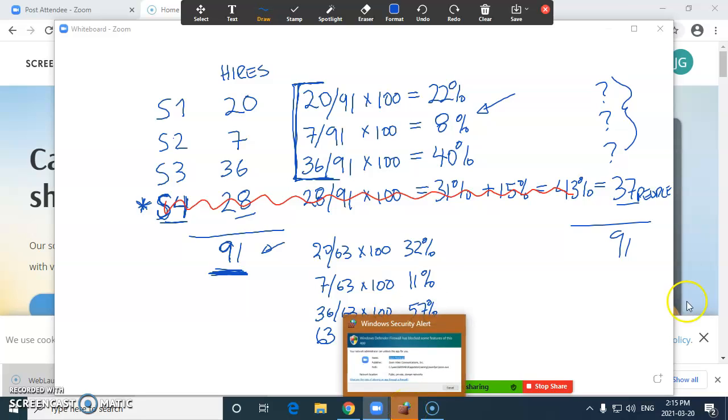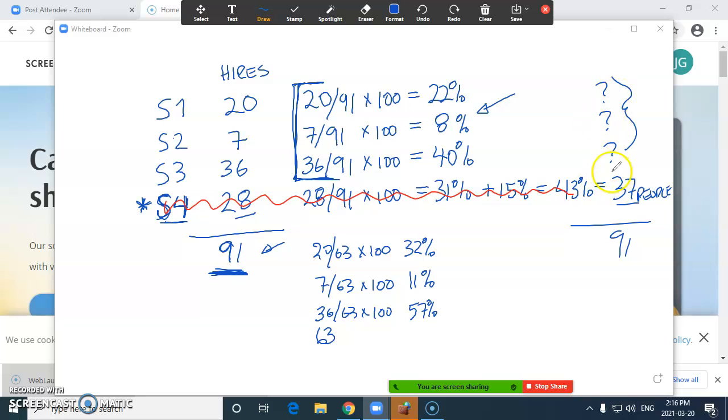Then to figure out the proportion of people here, we're still hiring 91. But out of that 91, 37 have come from source 4, which means the remaining is distributed between source 1, 2, and 3.